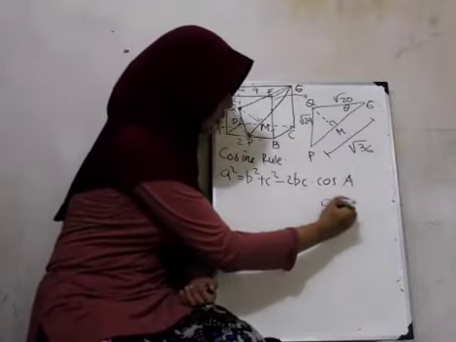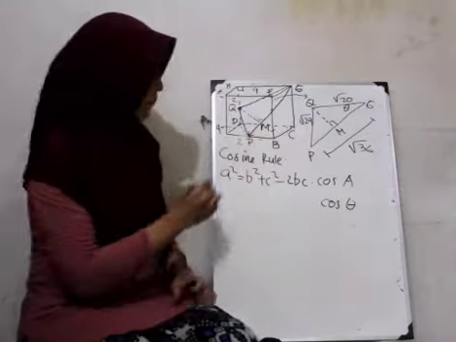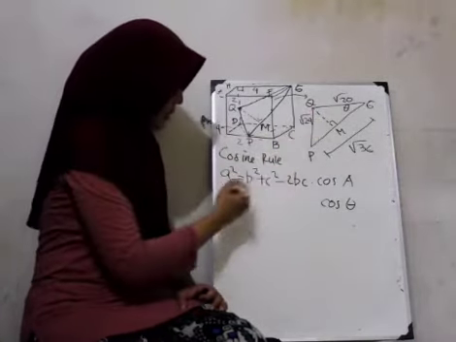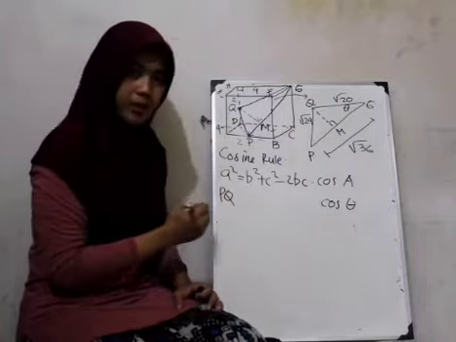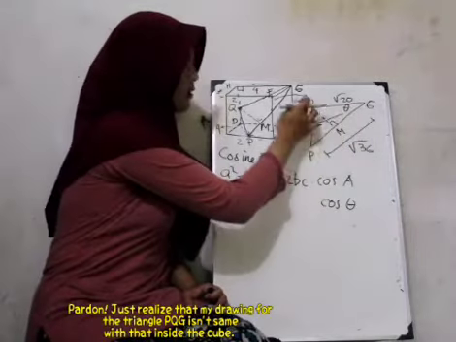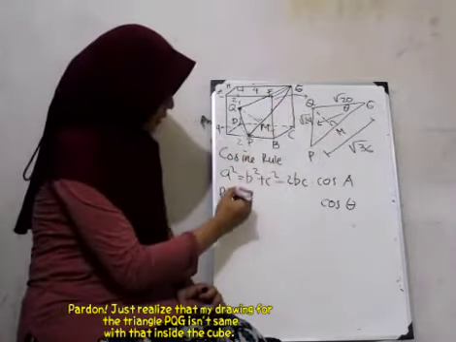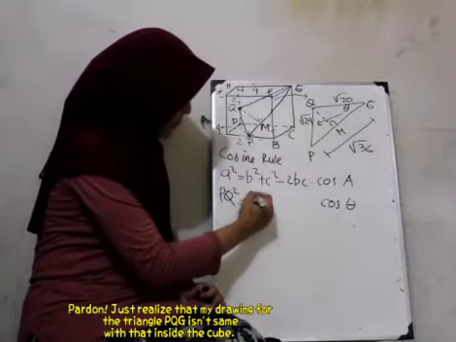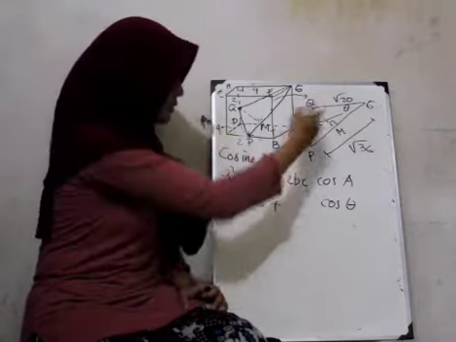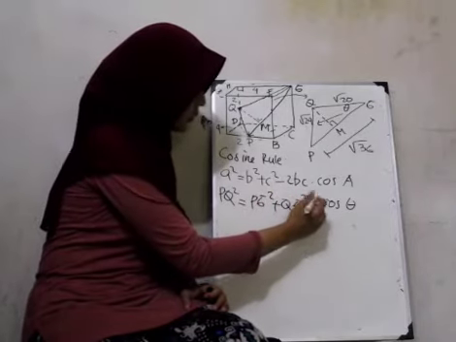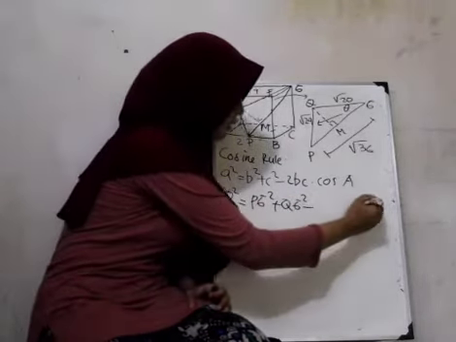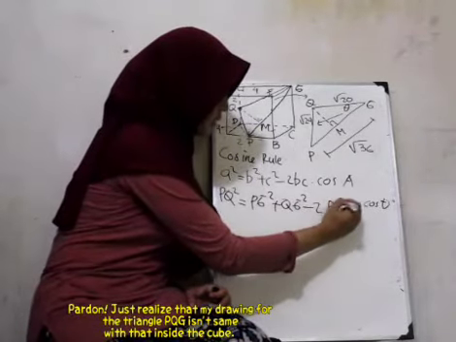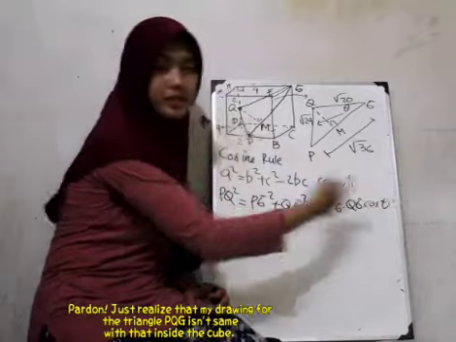This one is the opposite side, PQ. So PQ squared equals the other sides, PG squared plus QG squared, minus 2 times PG times QG cos theta.